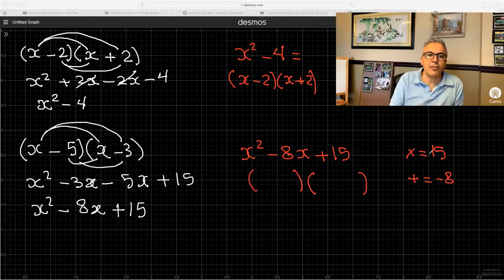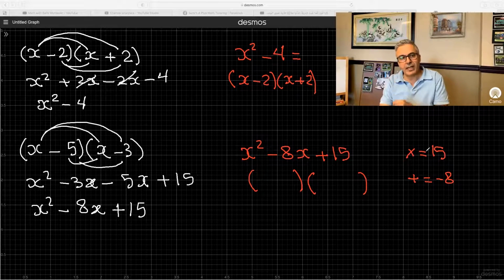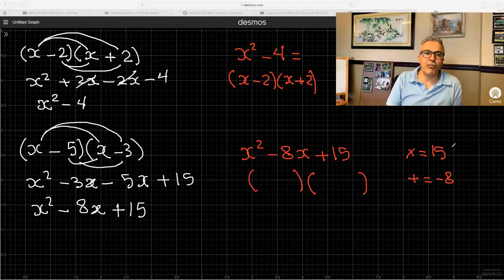So when you look at the options of multiplying to give you 15, it's 1 and 15 and 3 and 5. So 1 and 15, are you able to get a difference of 8? Definitely not. How about the next option, which is 5 and 3? Yes, because if we make the 5 negative and the 3 negative, when you multiply them, you get positive 15, and when you add them, you get negative 8. Therefore, you put an x here, an x there, and then your factors that do this for you, as we agreed, negative 5 and negative 3.